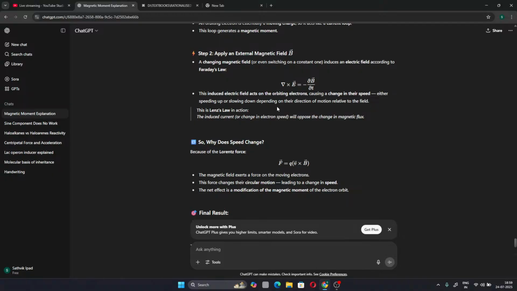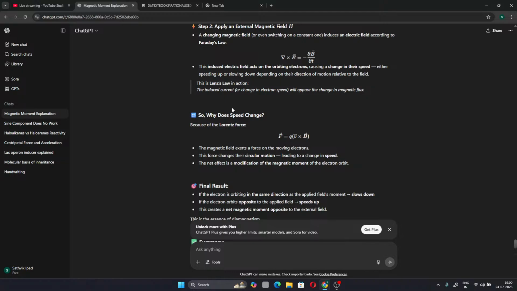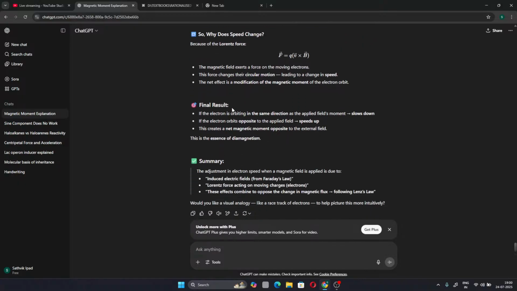The induced electric field acts on the orbiting electrons, causing a change in their speed, either speeding up or slowing down depending on the direction of motion relative to the field. So why does the speed change? Because of the Lorentz force.